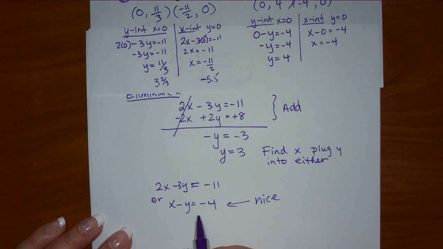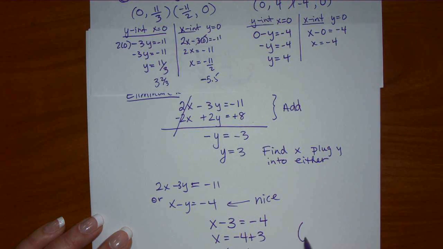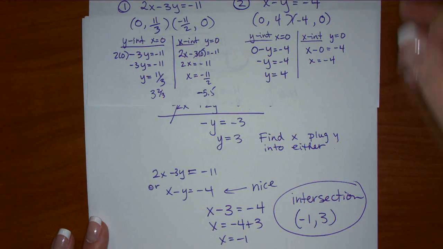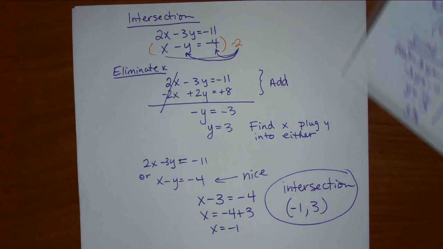Okay, so x minus 3 equals negative 4. So when we draw our graph with our intercepts, that's what the intersection point should look like.